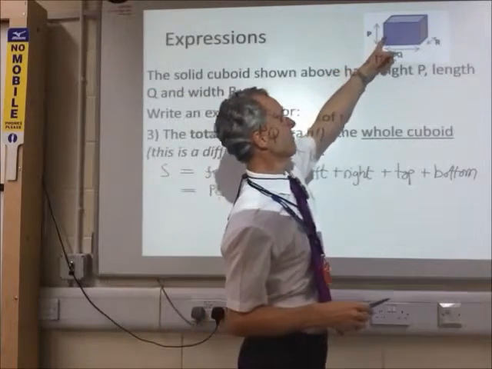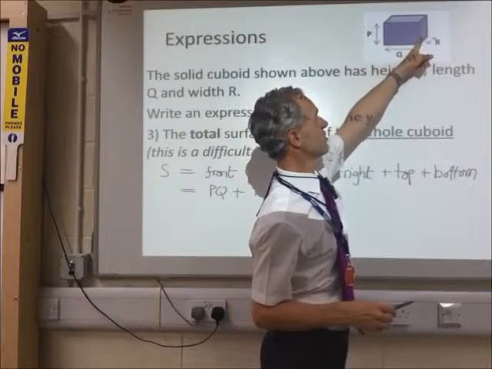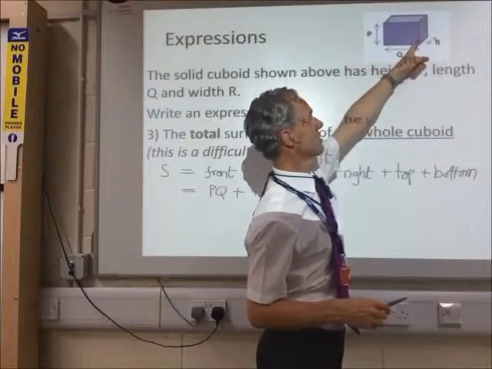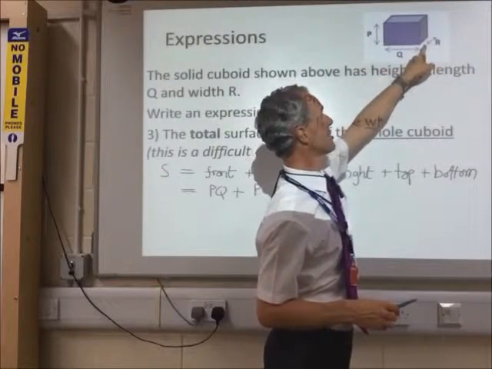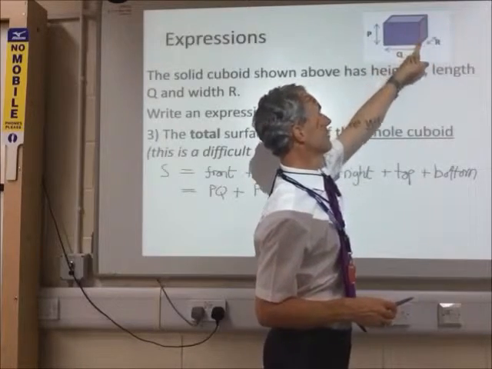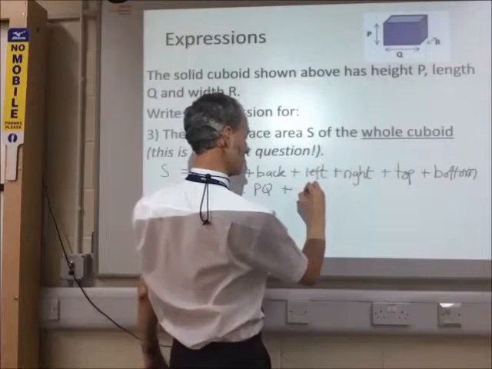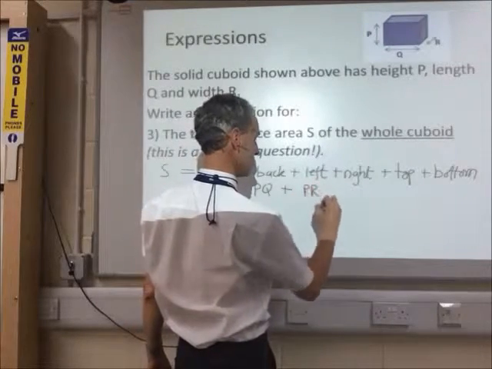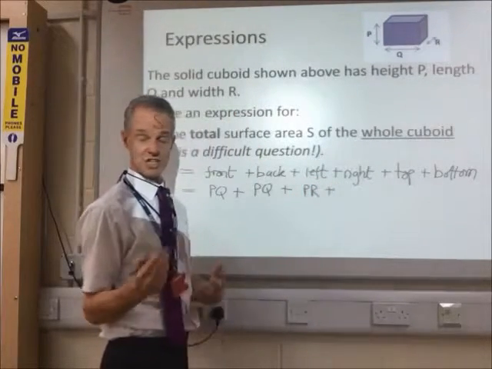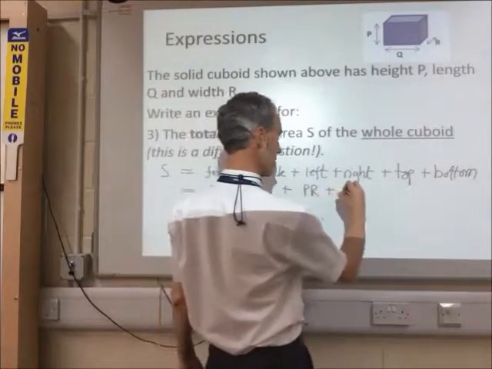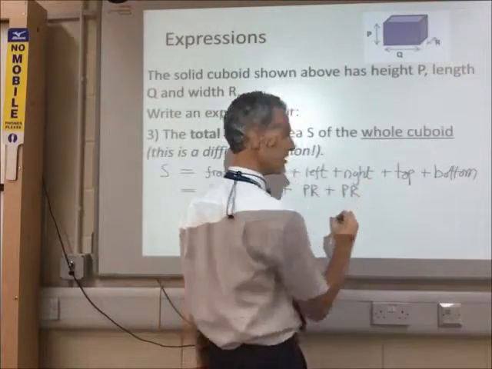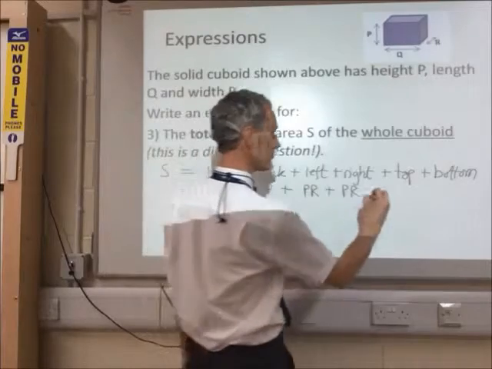Now we can't see the left-hand face there, but we know it's going to be the same as the right-hand face. So the area of that right-hand face will be how tall it is, p, times the width of it there, r. So the left-hand face will be pr. And the right-hand face, we just said, was exactly the same area as well. So that one will have an area pr, which is p times r.